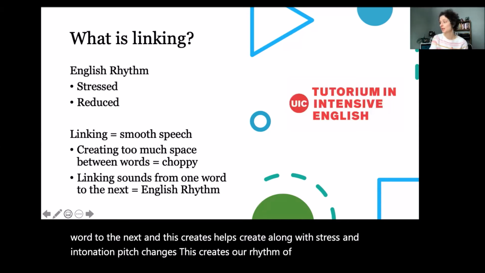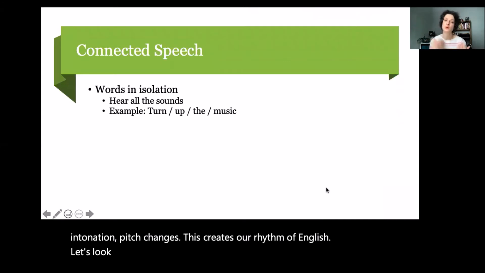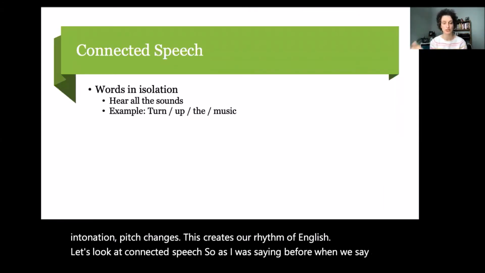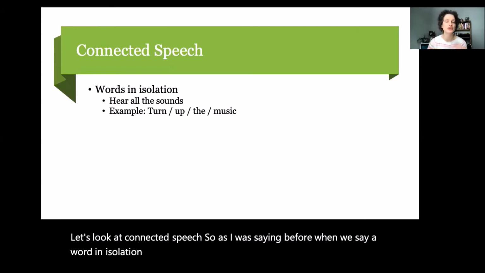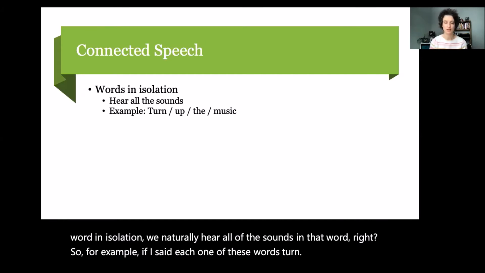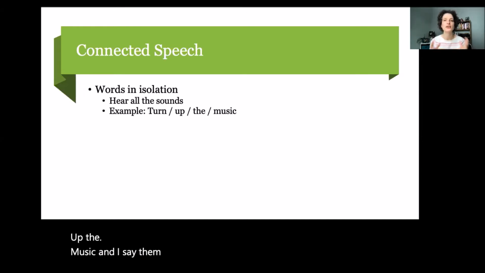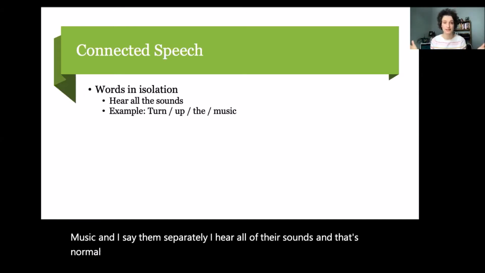Okay, so let's look at connected speech. As I was saying before, when we say a word in isolation, we naturally hear all of the sounds in that word, right? For example, if I said each one of these words, turn, up, the, music, and I say them separately, I hear all of their sounds. And that's normal when I say a word by itself.